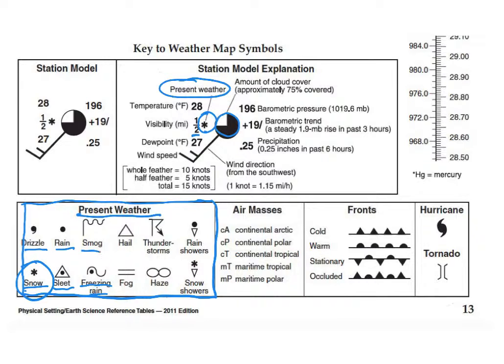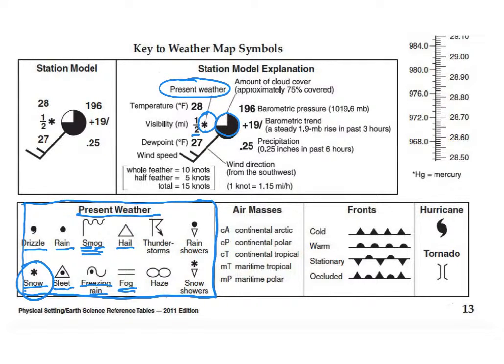It could be smog, which is actually a combination of smoke and fog. A lot of times you get smog. We think of this like it happens in cities where it could be pollution. You get a lot of smoke from smokestacks mixed with fog. And you could get regular fog, right? Which is basically just a cloud on the ground.